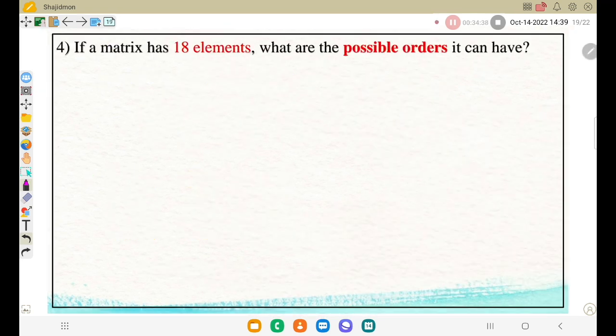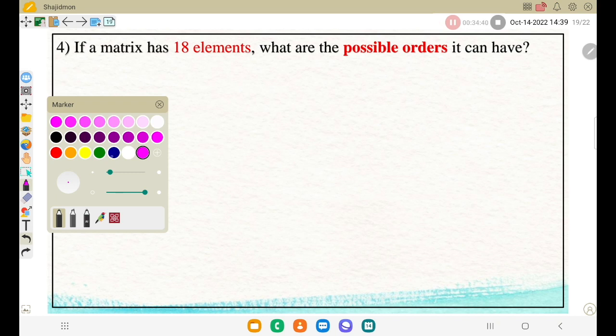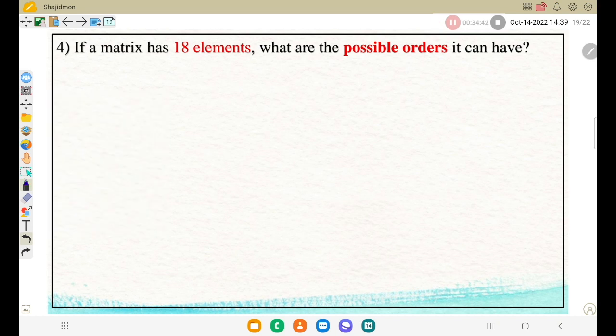Now we will go to the next question. If a matrix has 18 elements, what are the possible orders it can have? Okay, what order can we write that matrix?